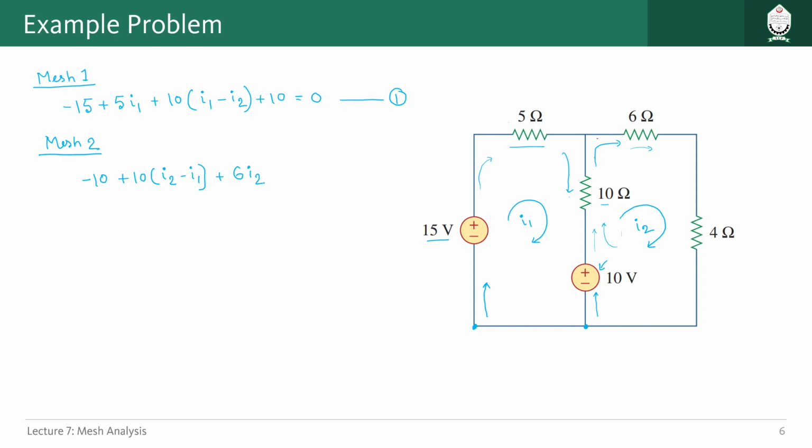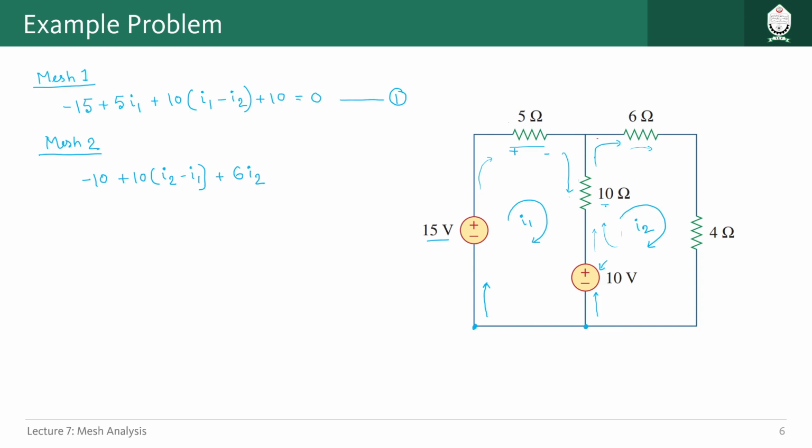So one thing to note here is that previously for applying KVL, we deliberately wrote the polarity of each of the voltage drops, like something like this. But here we cannot do that because we are not calculating the branch current. We are calculating the mesh currents, and for some of the resistors there can be two currents contributing to the voltage drop, like we have this 10 ohm resistor.